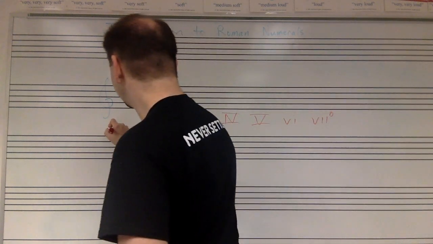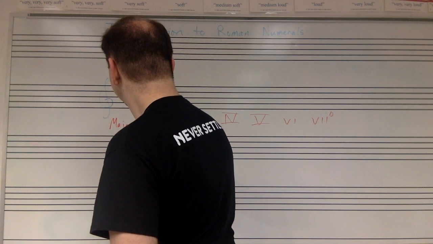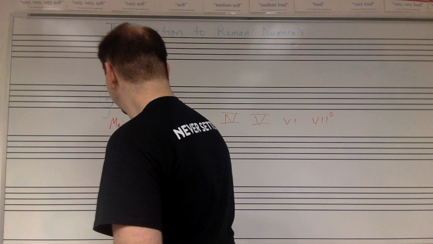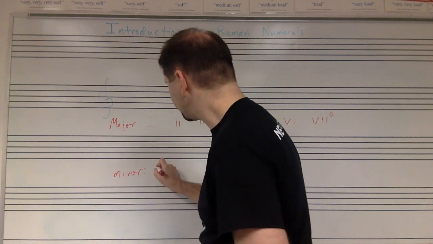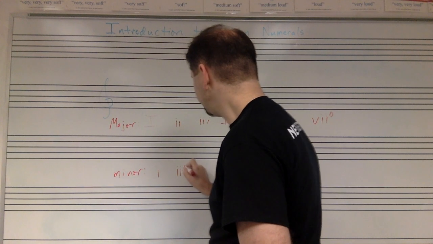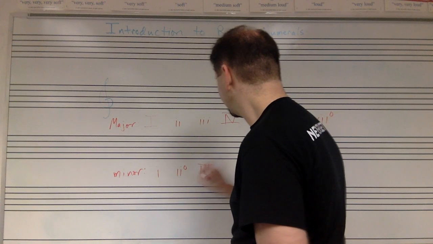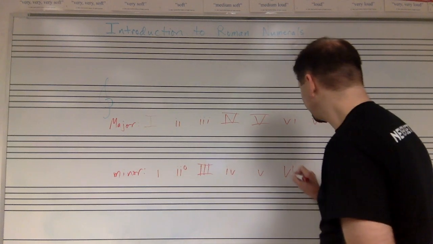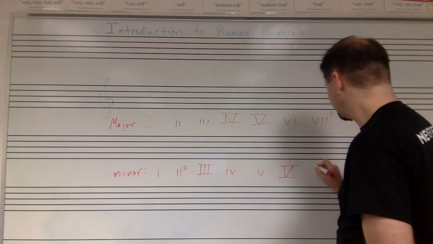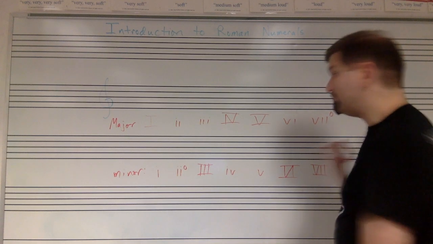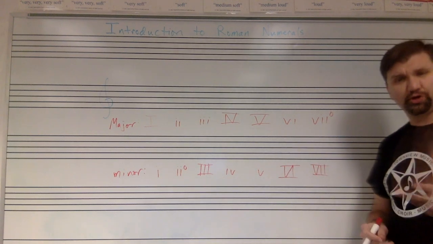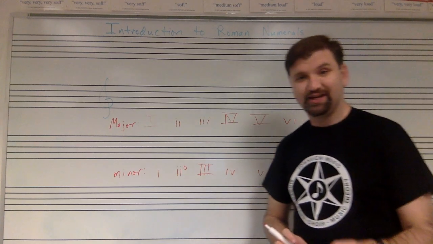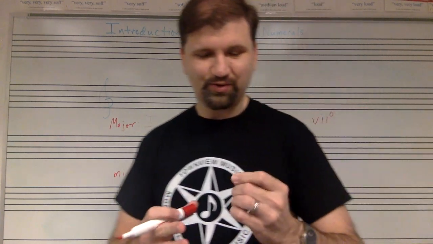My minor pattern is minor, diminished, major, minor, minor, major, major. Learning that pattern, committing it to memory, means that instead of having to analyze chords, you simply need to know what is the root and what scale degree is that note.